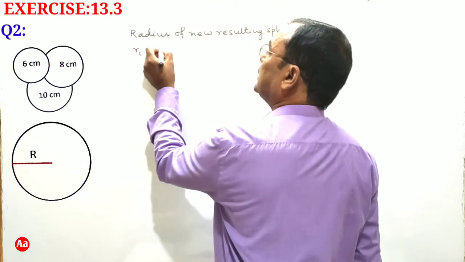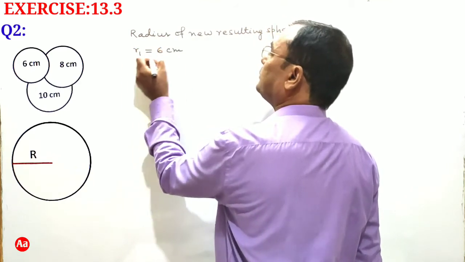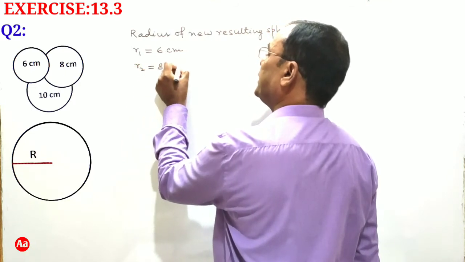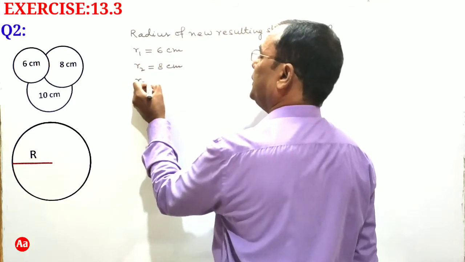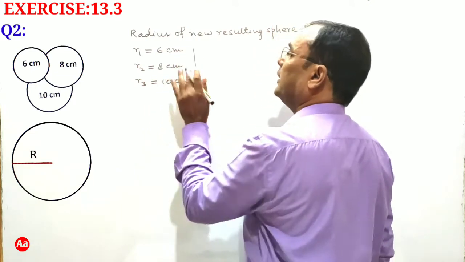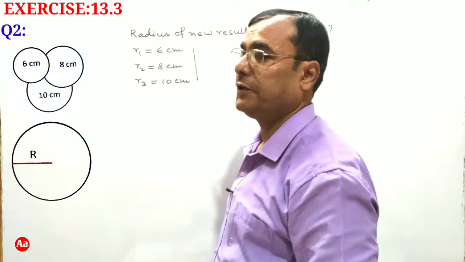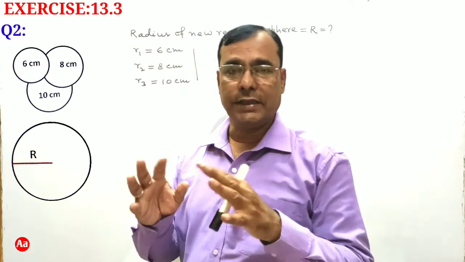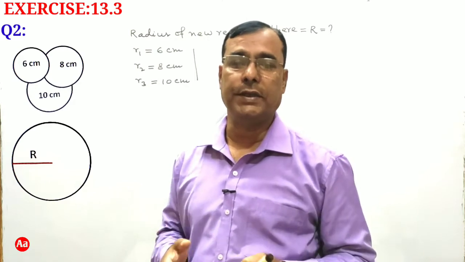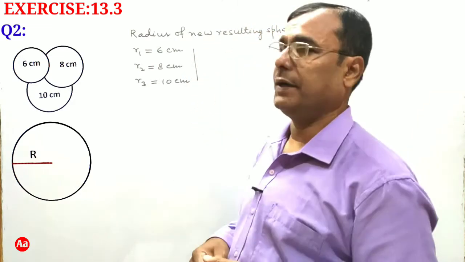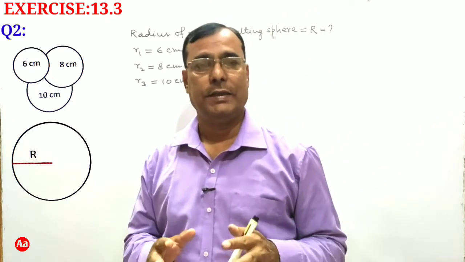R1 is 6 centimeter, R2 is 8 centimeter and R3 is 10 centimeter. They are radii of the 3 metallic spheres, which are melted and a single resulting new sphere is formed. We have to find radius of new resulting sphere.